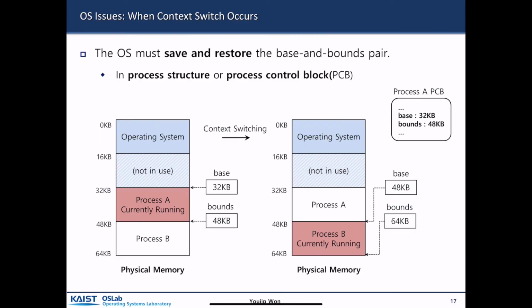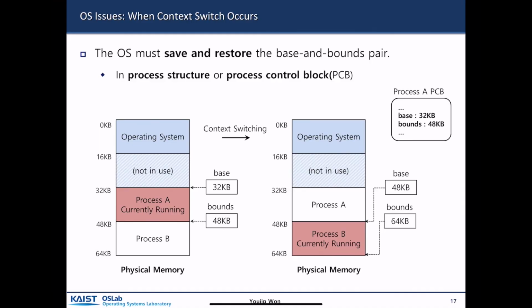And the third issue is context switch. When you switch processes, the operating system has to save and restore the base and bound register pair. The operating system has to define where to store the base and bound register values, and where to restore them from.